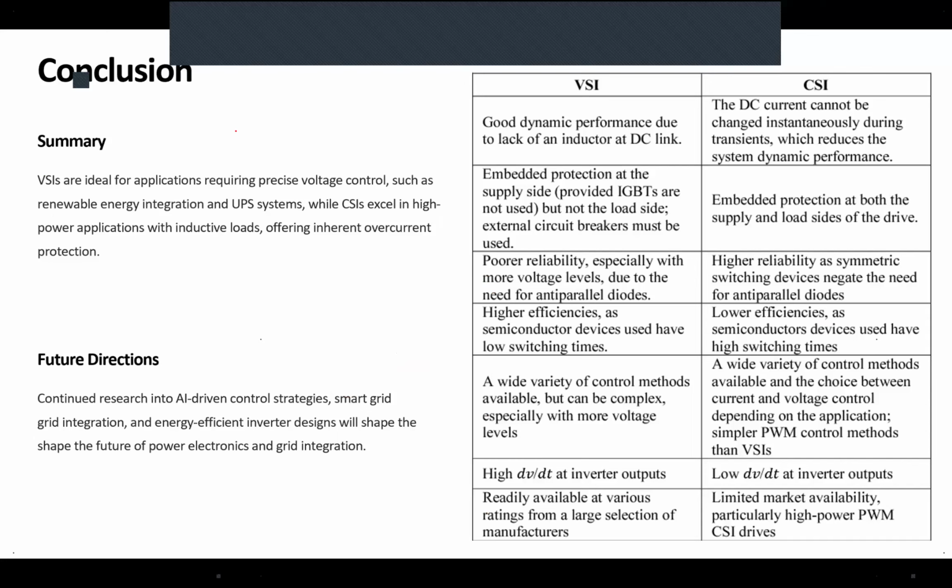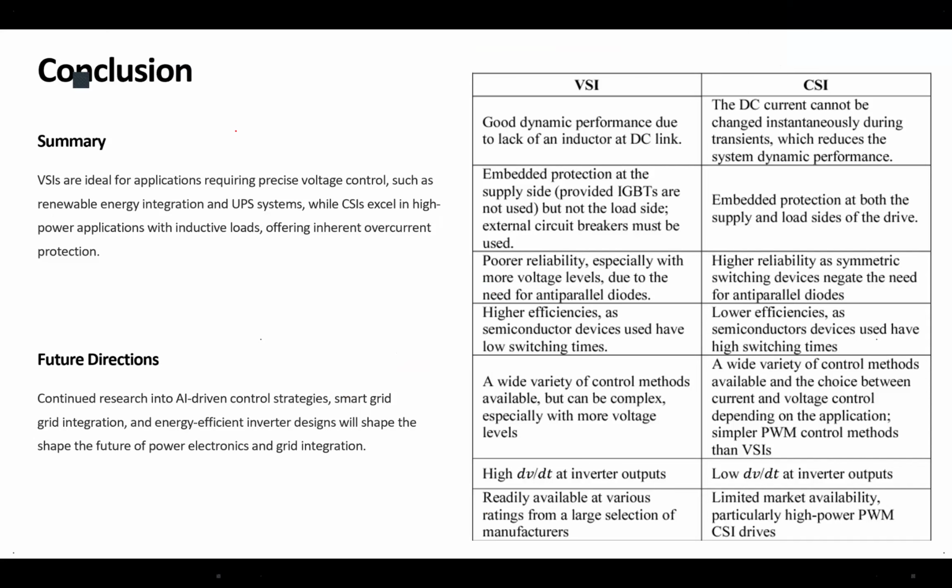Now, let's put everything together. Let's talk about the comparison of VSI and CSI. VSI has a good dynamic performance because it doesn't have any inductor in the DC link.